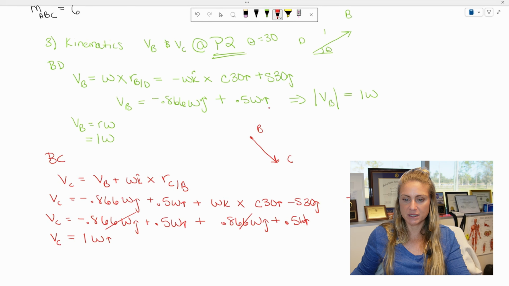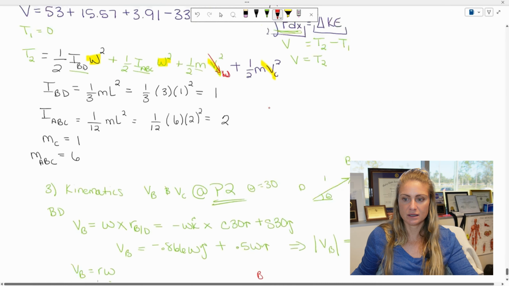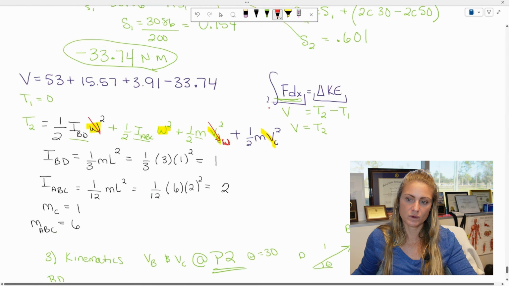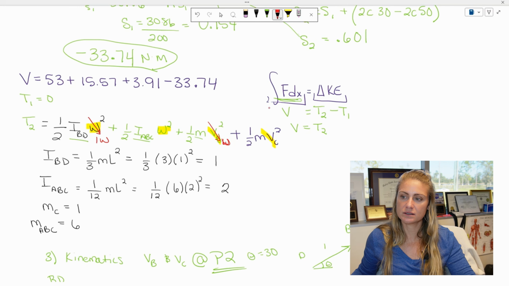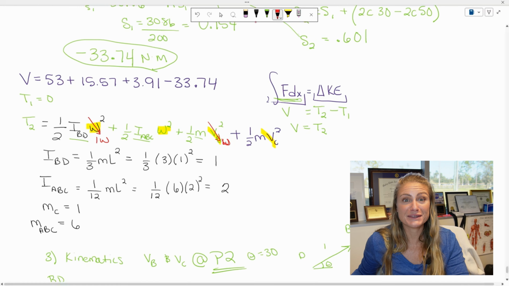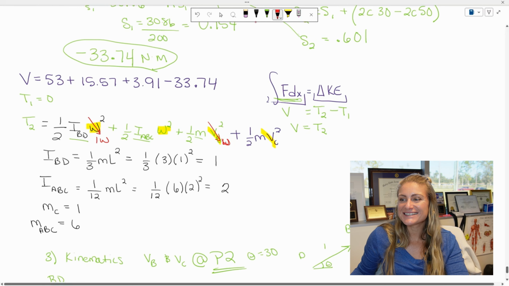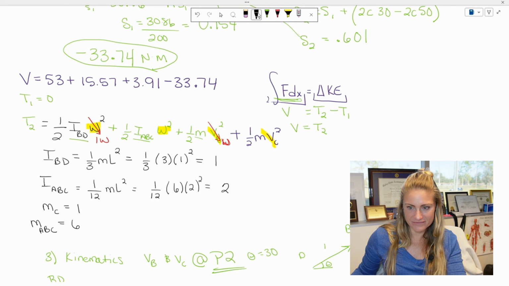However, when I plug this into my equation, I'm only going to put 1 omega because it's a scalar. I don't care about direction. And look at that, we have everything we need. So now we can write all of this out.